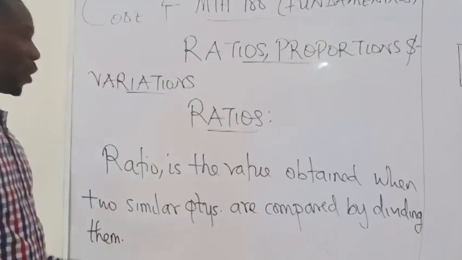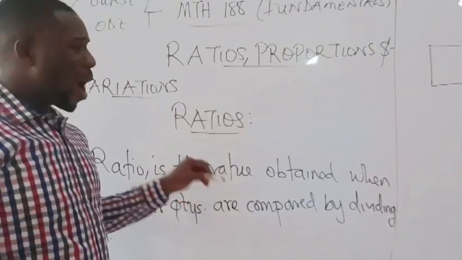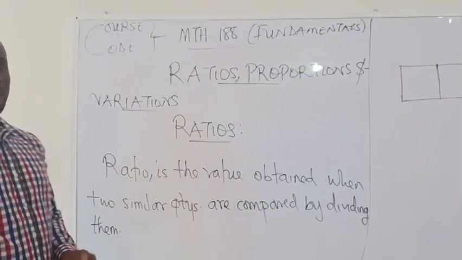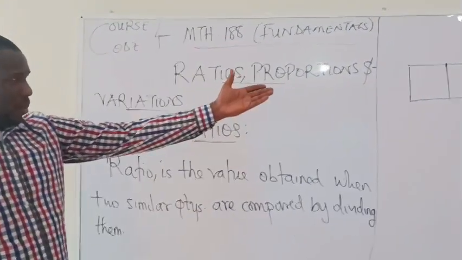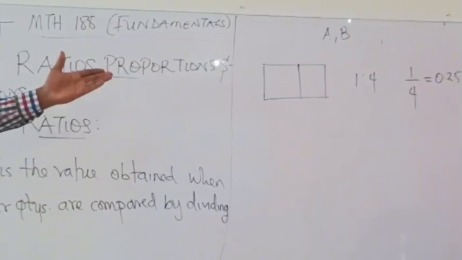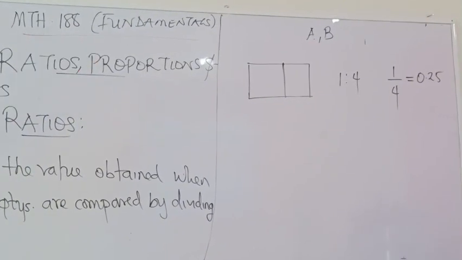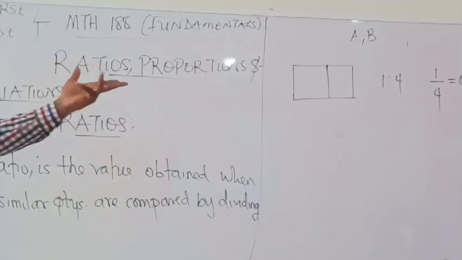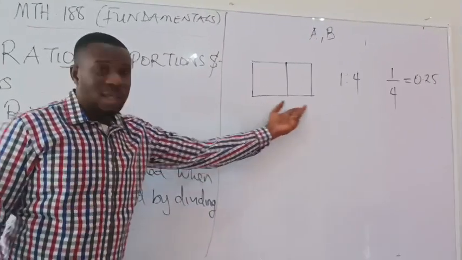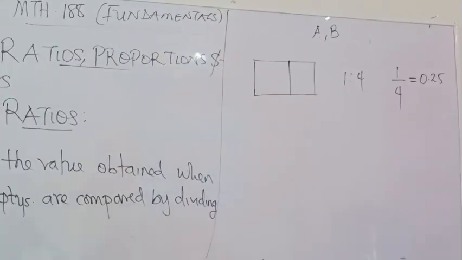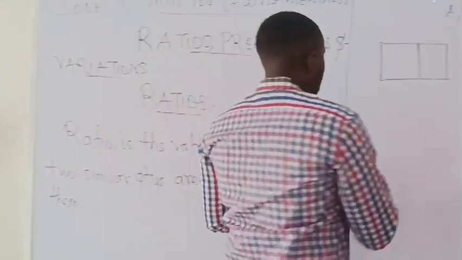Similar quantities implies that they must be of the same units. That's ratio. And ratio tells you how much more or less a person's share would be to another, if the quantity in question is of the same unit. All right, I'll give you a quick example.